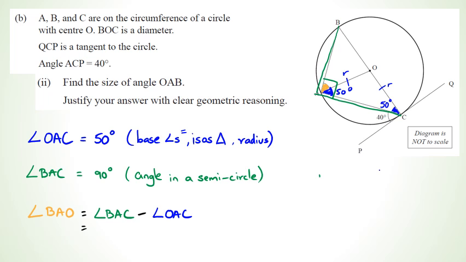So what we end up with is 90 minus 50, and that should give us 40 degrees as our angle. And you can just say, well, that's because they're complementary angles.